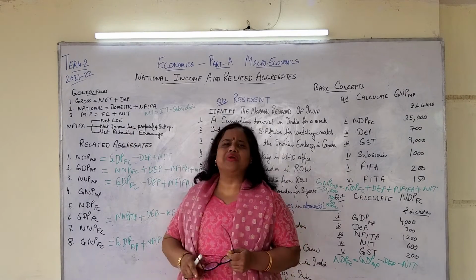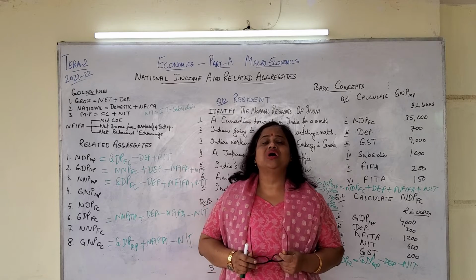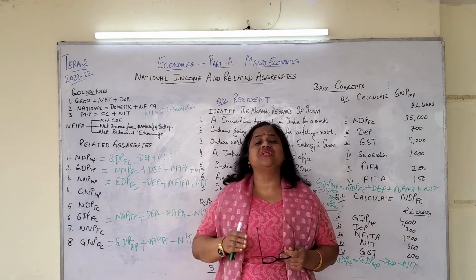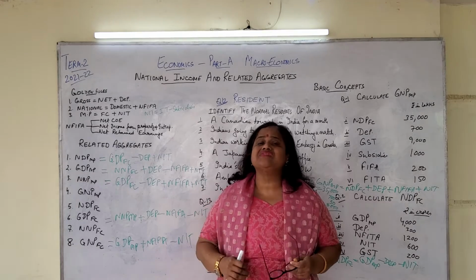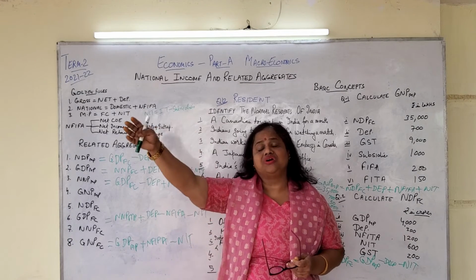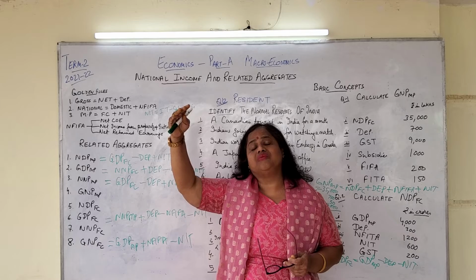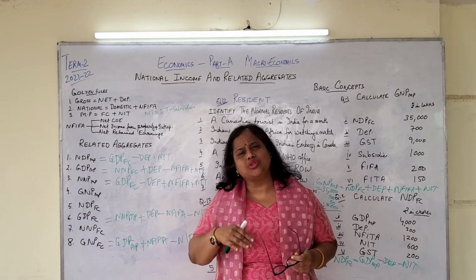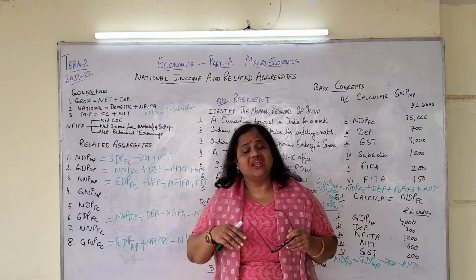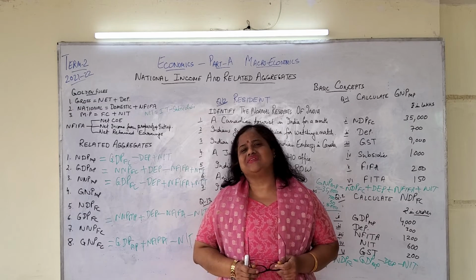Similarly, net income from property and entrepreneurship refers to the difference between the income in the form of rent, interest, dividend received by our residents from the rest of the world when they are working abroad for less than 1 year, and what we have paid to the non-residents who are employed in our domestic territory for less than 1 year.